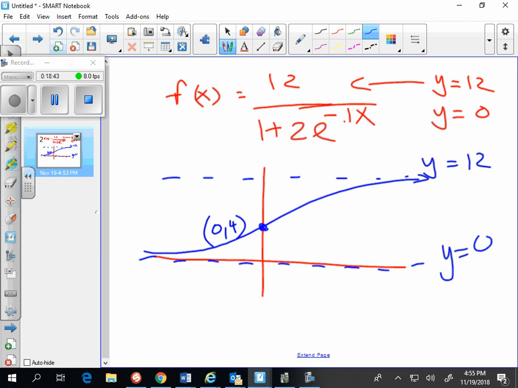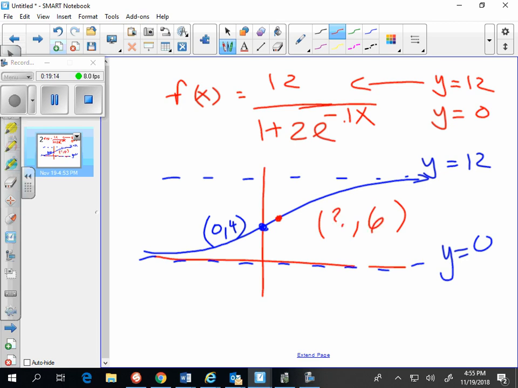And the only other point that we've talked about is the inflection point, where the graph goes from concave up to concave down. And I said that happened at L over 2. Since L is 12, 12 over 2 will be 6. So 12 over 2 is equal to 6.